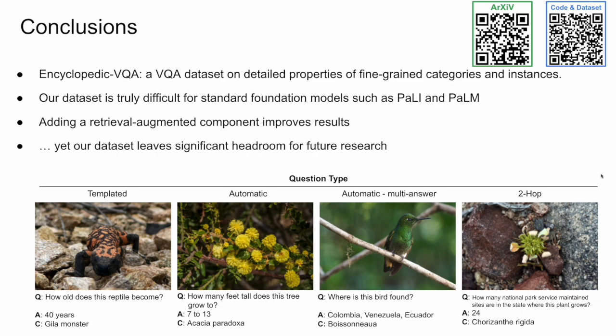In conclusion, we present a new dataset, Encyclopedic VQA, visual questions and answers about detailed properties of fine-grained categories and instances. We have shown that this dataset is truly difficult for standard foundational models such as PaLI, PaLM, and GPT-3. However, adding a retrieval augmented component improved the results significantly. Yet our dataset leaves enough headroom for future research.